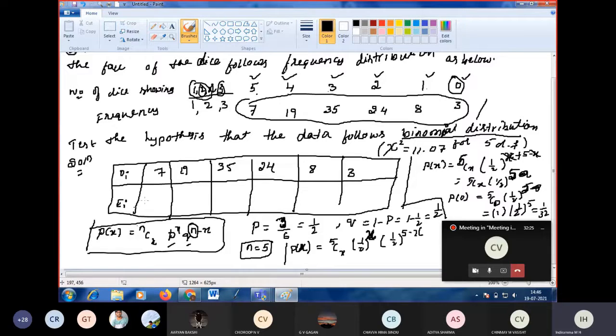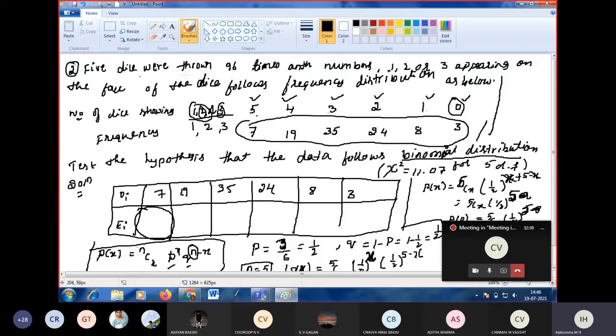So here, instead of frequency, we have to take expected value. We should not write the probability value directly. How many times are we tossing 5 dice? 96 times. Out of 96 times, how many times are we getting 1, 2 or 3, that we have to write here.